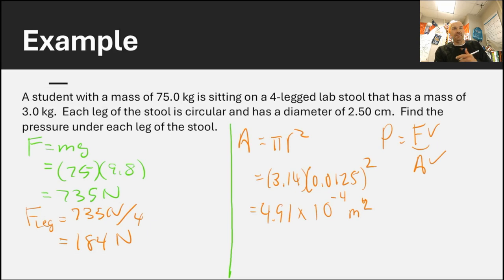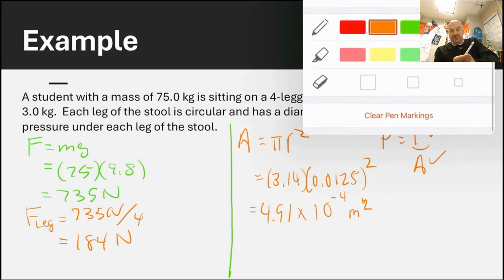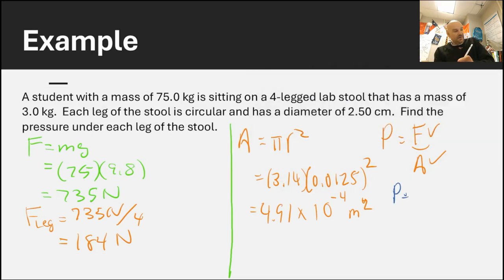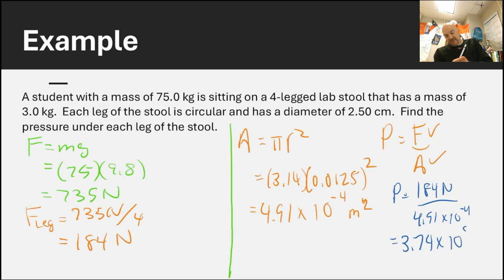So now we have everything we need to figure out what is the pressure exerted. Okay, so we do the force on the leg, 184 newtons, divided by the area, 4.91 times 10 to the negative 4th. And we find that the student is exerting, or I should say the stool is exerting, 3.74 times 10 to the 5th pascals worth of pressure.